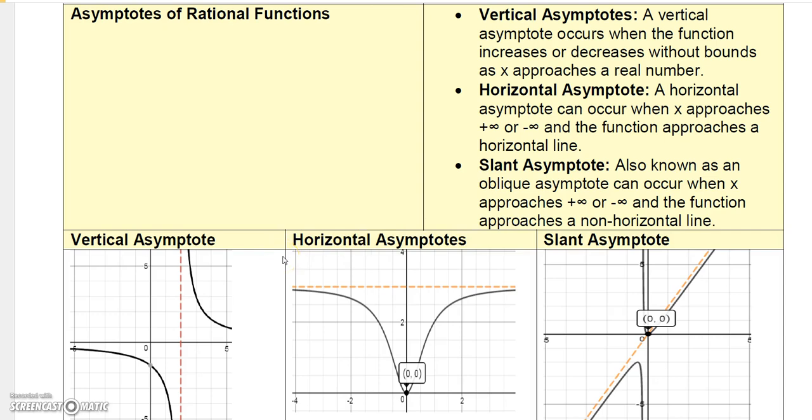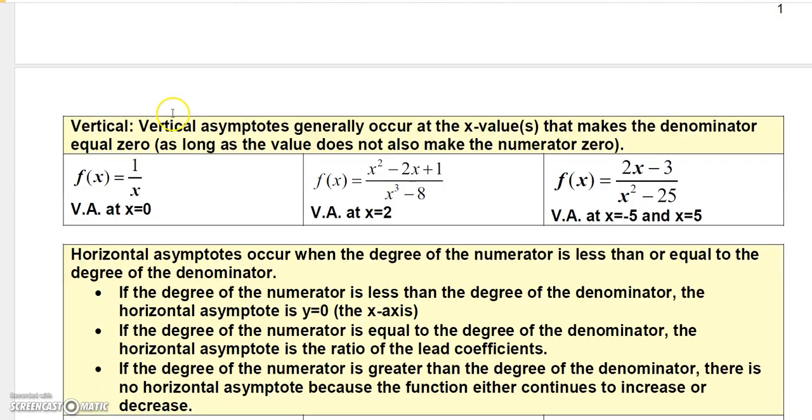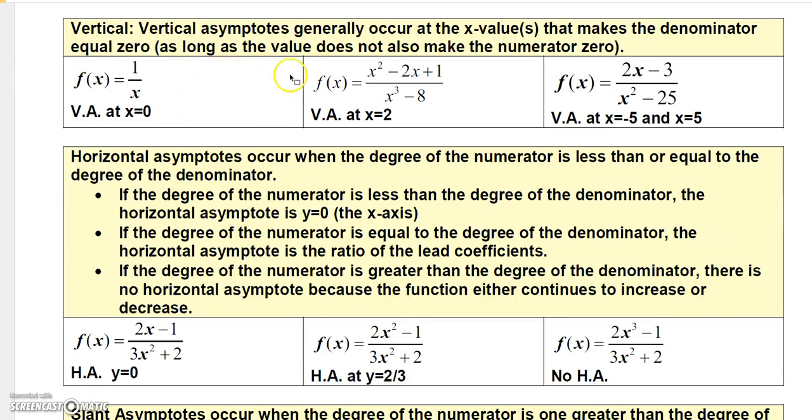So that's some examples of asymptotes, and now I want to show you how to identify asymptotes. Vertical asymptotes are the easiest ones to identify. In a rational function, they will only occur at the x values that make the denominator 0 but don't make the numerator 0.